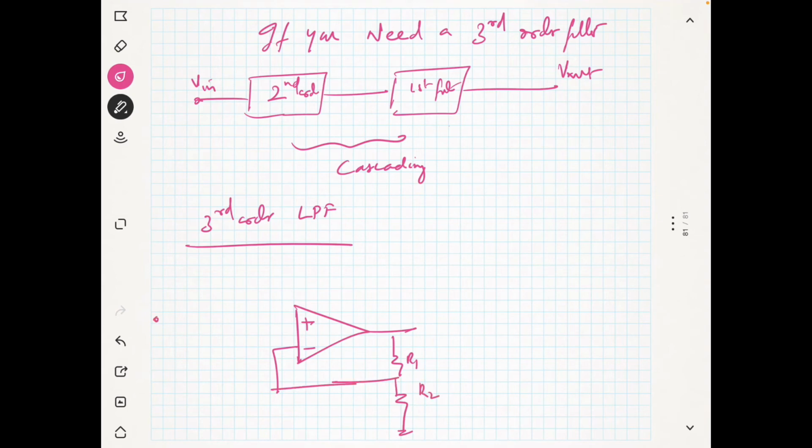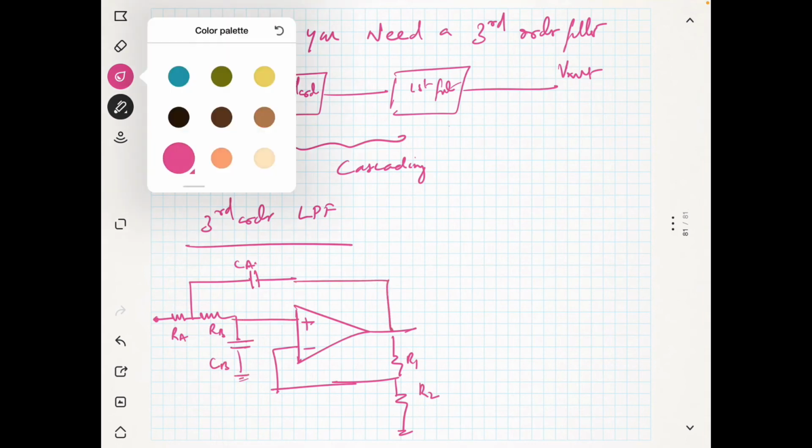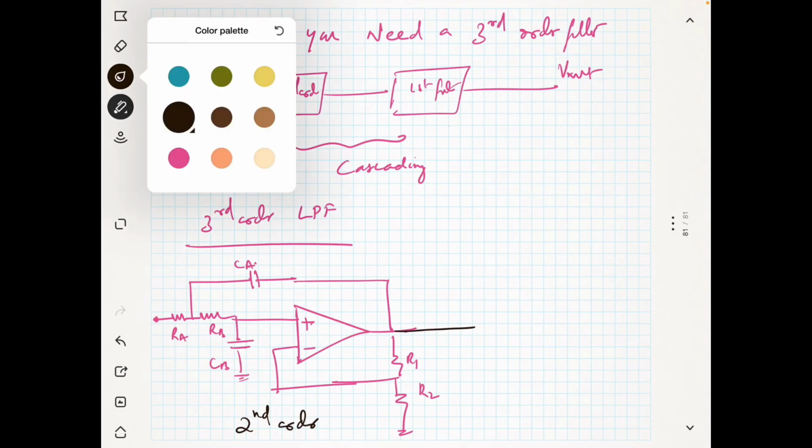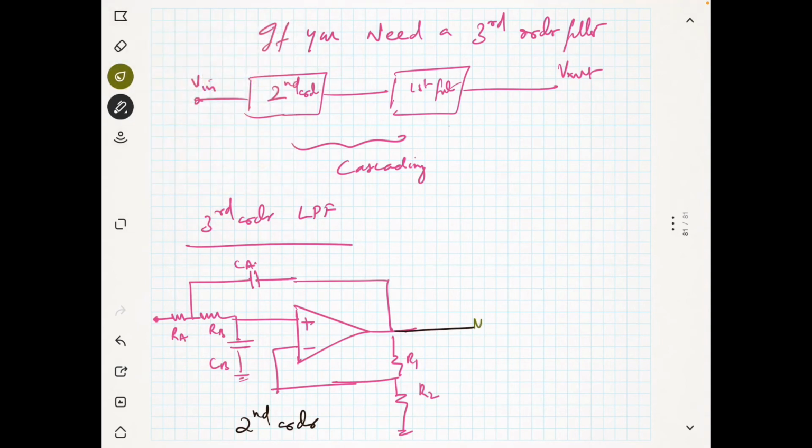Now this is RA and this is CA and this is RB and this is CB. Don't confuse. That's it. So what is that? This is a second order filter. Now I take this output and I connect to the first order filter.